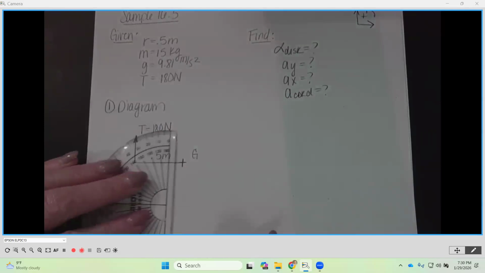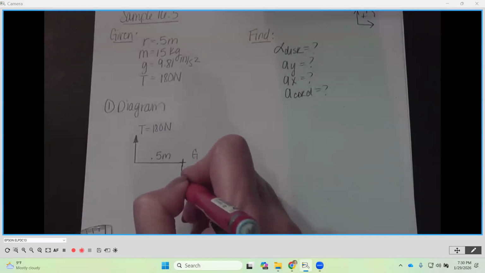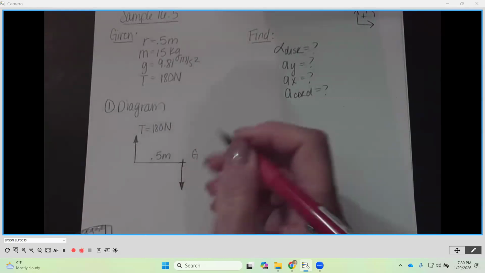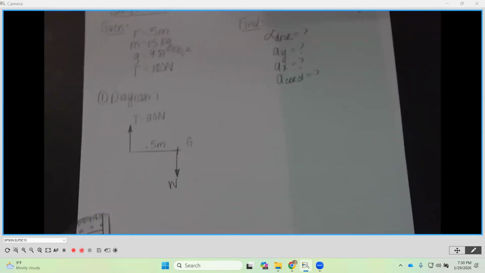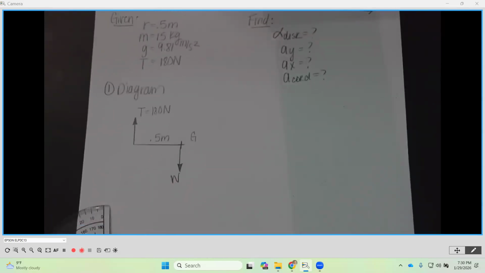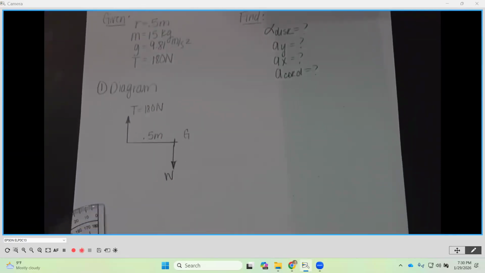And we know that the weight of that disc is going down. We can calculate that weight because we know its mass and we know what gravity is. So let's go ahead and do that.